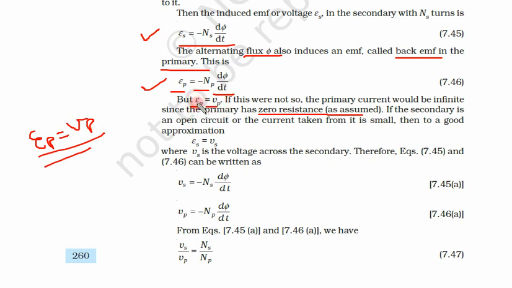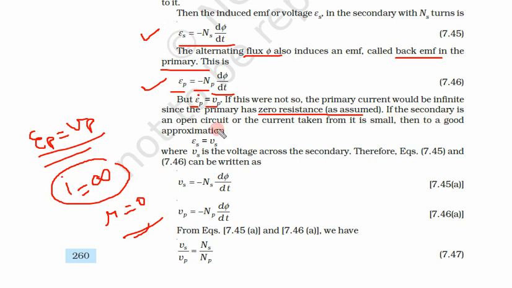We have to consider this equation, the internal EMF of a cell, as we have learned. This EMF must be equal to voltage so as not to get infinite current, because current cannot be infinite. We have already assumed zero resistance of the coil, so if we put resistance equal to zero, we get an infinite current if we don't put this equality. That's why we are putting this equality.